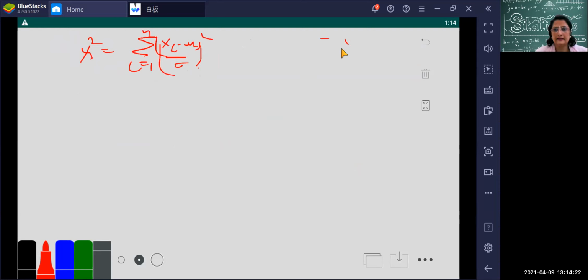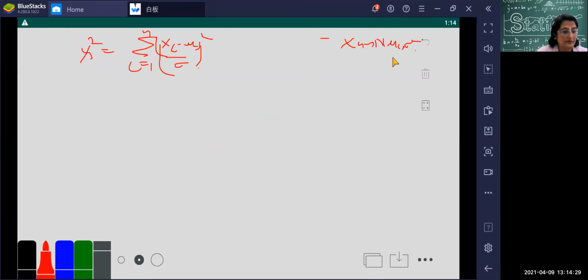Then, in general, if we have independent normal variates, then standard normal variates, how will you define chi-square? Chi-square is equal to the summation, i running from 1 to n, of ((xi minus mu i) upon sigma i) whole square, where each xi follows N(mu i, sigma i square).